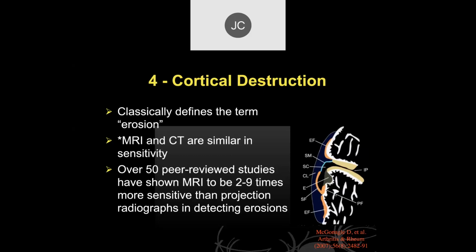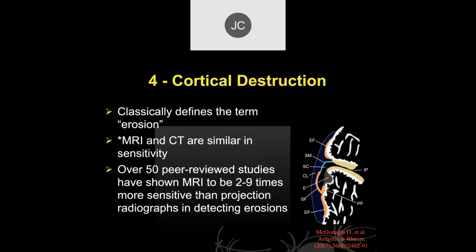And the next study that they published, they actually found that that was wrong, and that the erosions really start here at the capsular insertion, not in the bare area where we were taught before. And once you get the actual destruction of the cortical bone, then MR and CT are similar in sensitivity, but that's irreversible change. If you pick it up earlier than this, the MR is going to be positive and the CT is going to be negative.